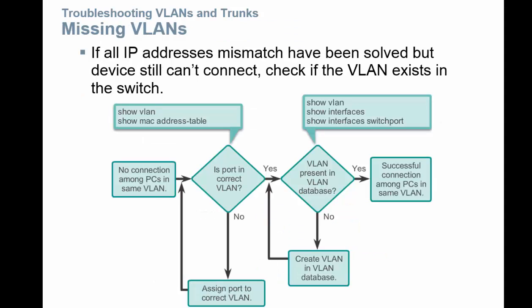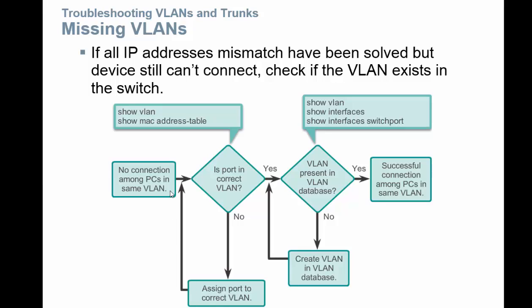If you're still having issues after you've checked your IP addresses to make sure they're in the correct network, make sure that your VLANs exist on the switches. Make sure things show up like you think they're supposed to show up. So you can do the show vlan, you can do show mac address-table, and it asks: is the port in the correct VLAN? No?